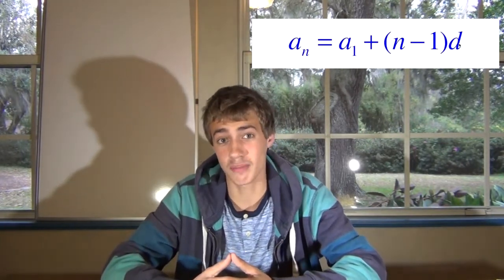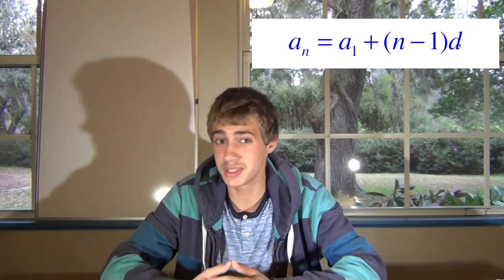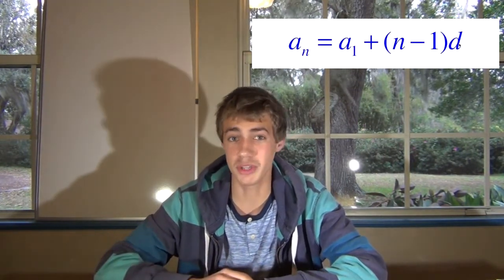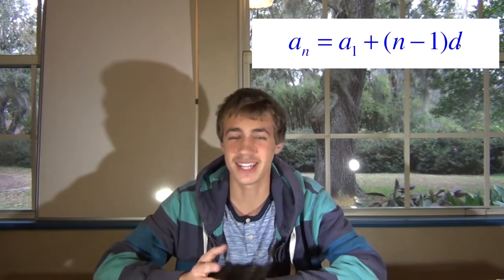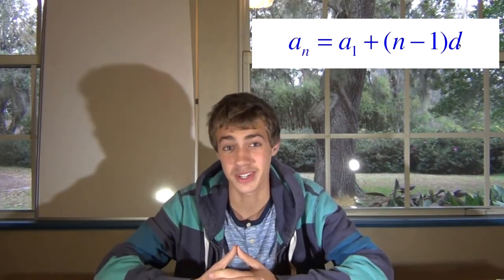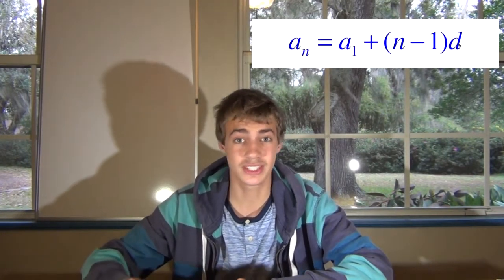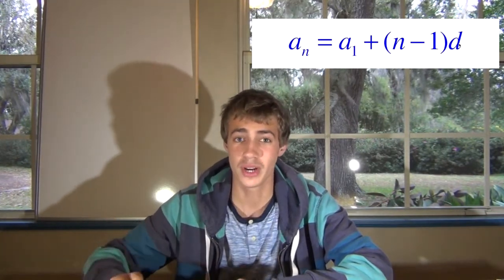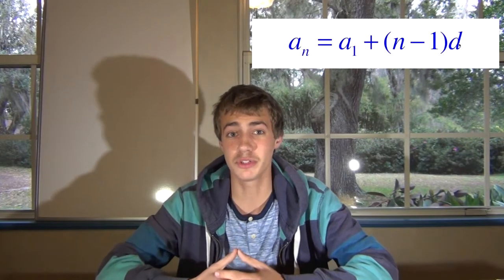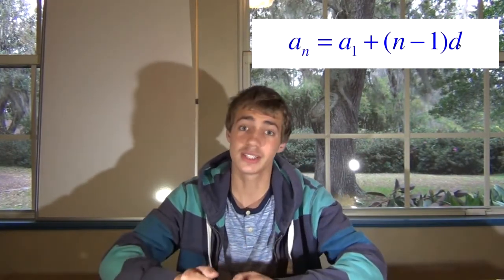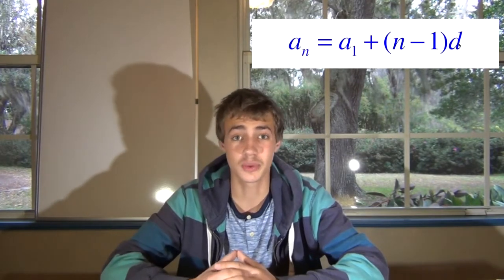It's the first term. Then 1 minus 1 times D is going to equal 0. So your first term is of course just going to be your U1 or A1, depending on how you like your bread buttered. Then, as you go on, each time your N increases to 2, 3, 4, the number of times you multiply by the increase, which is your D, your difference, is going to increase consequently.